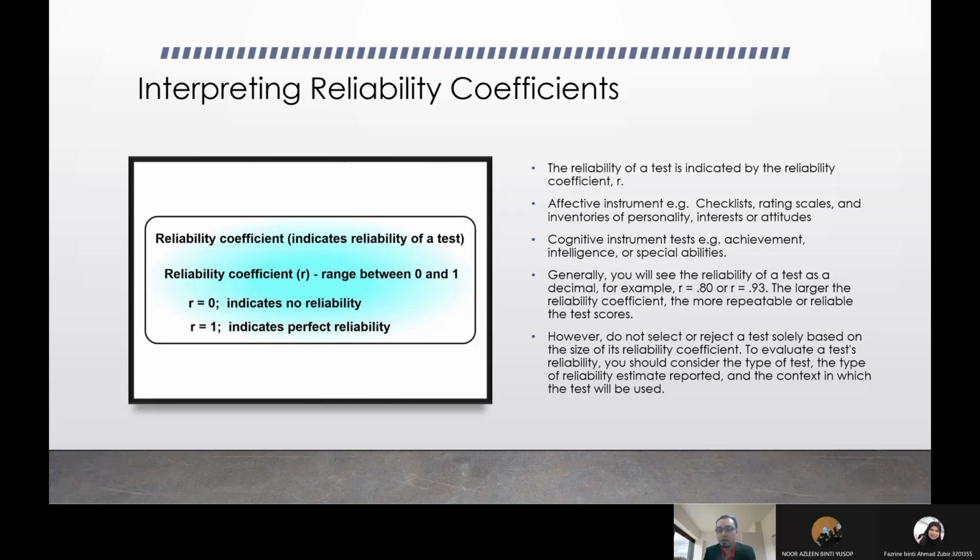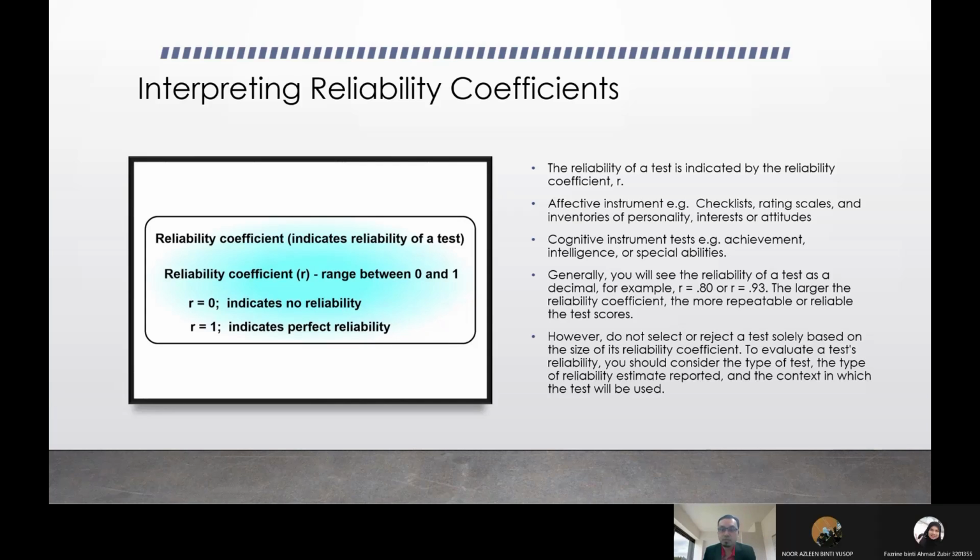We use the acronym R. So for affective instruments such as checklists, rating scales, and inventories of personality, interest, or attitude, and for cognitive instruments such as achievement, intelligence, or special ability tests, when we come across this type of instrument, we should look out for the reliability coefficient when we go through the article review, journal article or research article.